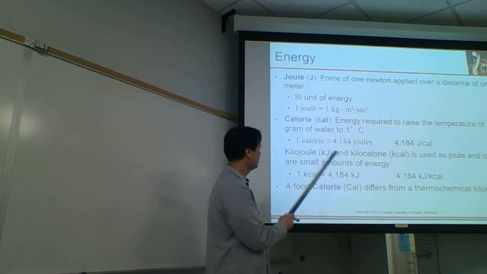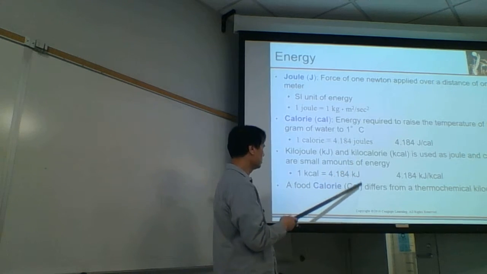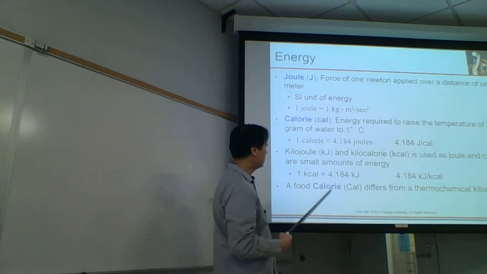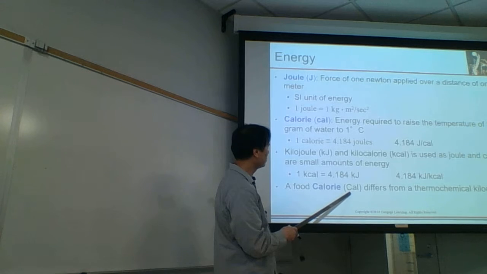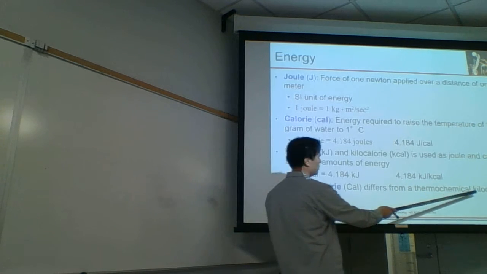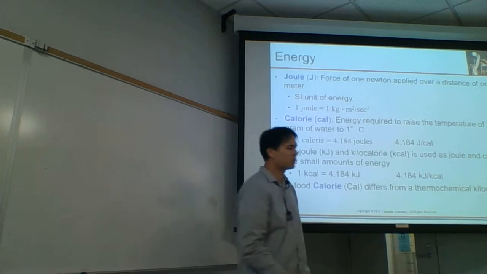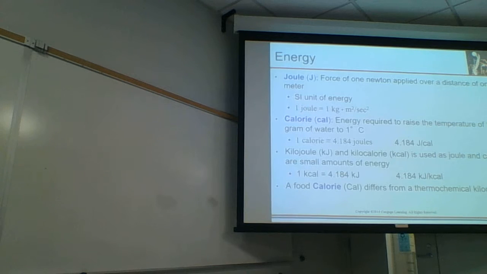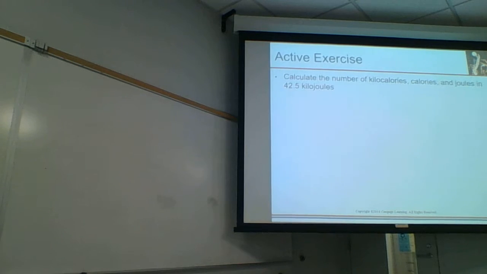And of course, we're going to have kilojoules and kilocalories. Food calorie, this is the uppercase C, is 1,000 chemical calories. So these are the typical units. We'll get more practice using these. So we'll come back to this.